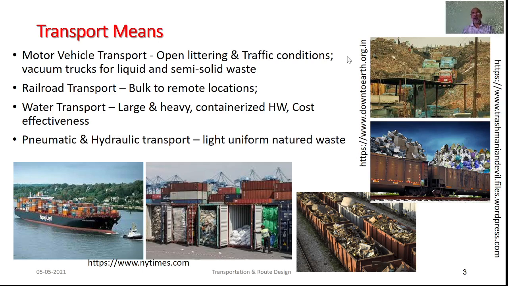Even we can adopt motor vehicle transport compatible with the nature of the waste. Say for example, if we are dealing with some sludge which is generated, say, at some treatment plant, then we can make use of vacuum trucks in order to have that liquid and semi-solid waste transported.